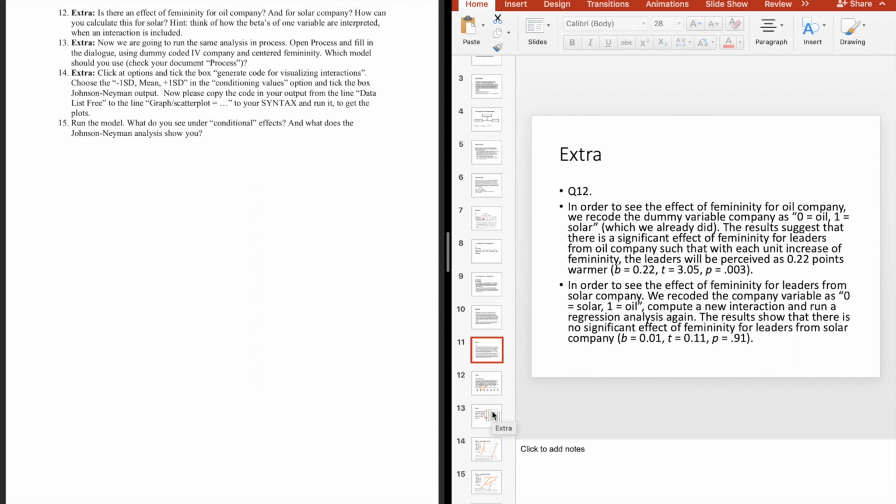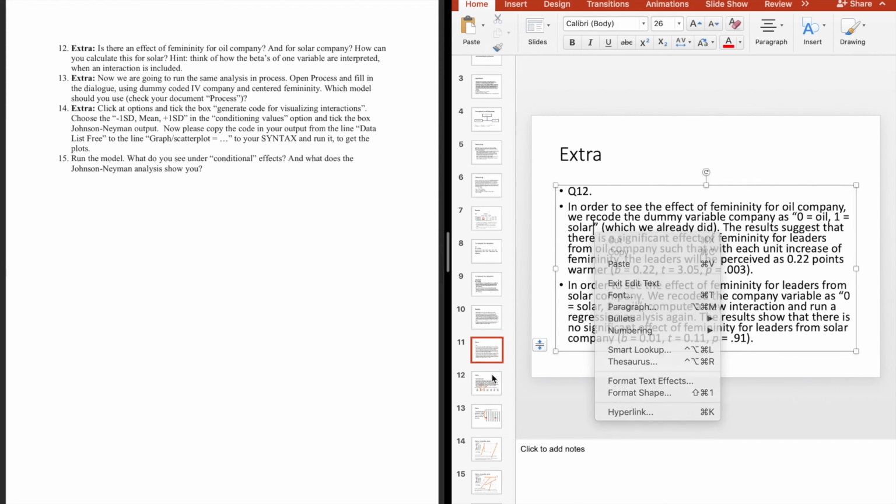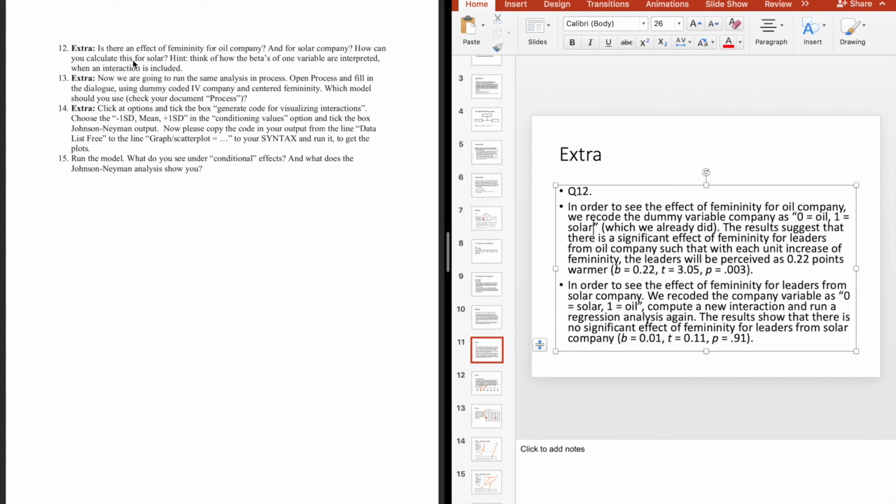To be clear, this is not part of a hypothesis. It's just for your curiosity, for researchers' exploratory purpose. Okay, the question is: is there an effect of femininity for oil company and for solar company? How can you calculate this for solar?